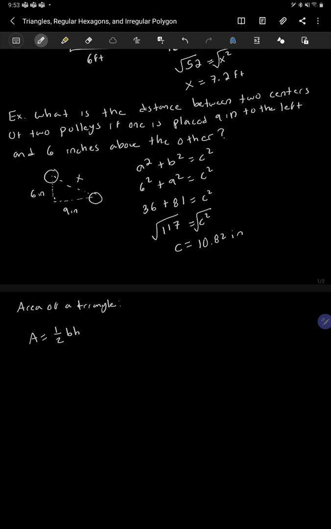So, for example, let's say we have a triangle that looks like this. This is 10 inches, 10.6 inches. We have a height of 8 inches and a base of 13 inches.